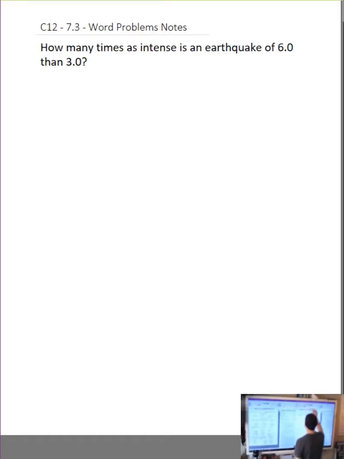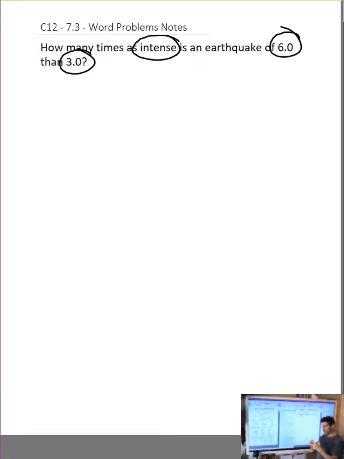Okay, how many times as intense is an earthquake of 6 than 3? So a little bit about earthquakes and Richter magnitude. If you have an earthquake of Richter 3, a 4 is 10 times as strong as a 3. And a 5 is 10 times as strong as a 4.